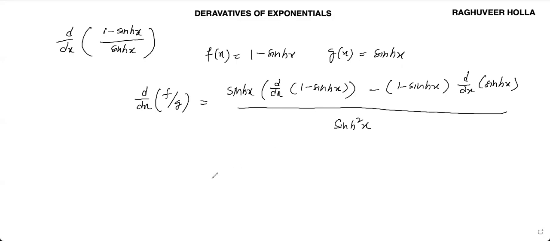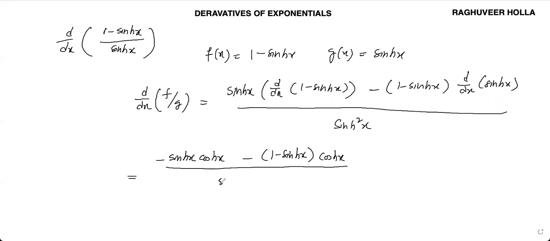Let us solve this problem. This is minus sinh x cosh x minus 1 minus sinh x times cosh x, divided by sinh squared x. So after simplifying it, you get minus cosh x divided by sinh squared x.